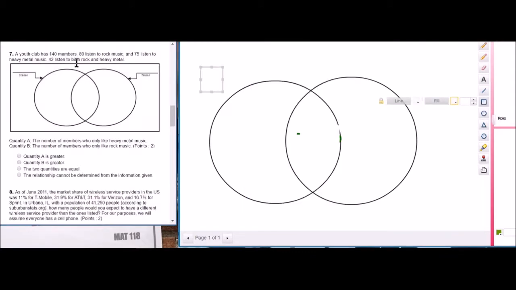Okay. We have 140 members, so that's the total. So we have 140 total. 80 listen to rock, 75 listen to heavy metal, 42 listen to both rock and metal. All right, so the number of members who only listen to metal, we start middle out. So we have 42 in here. Let's label them.